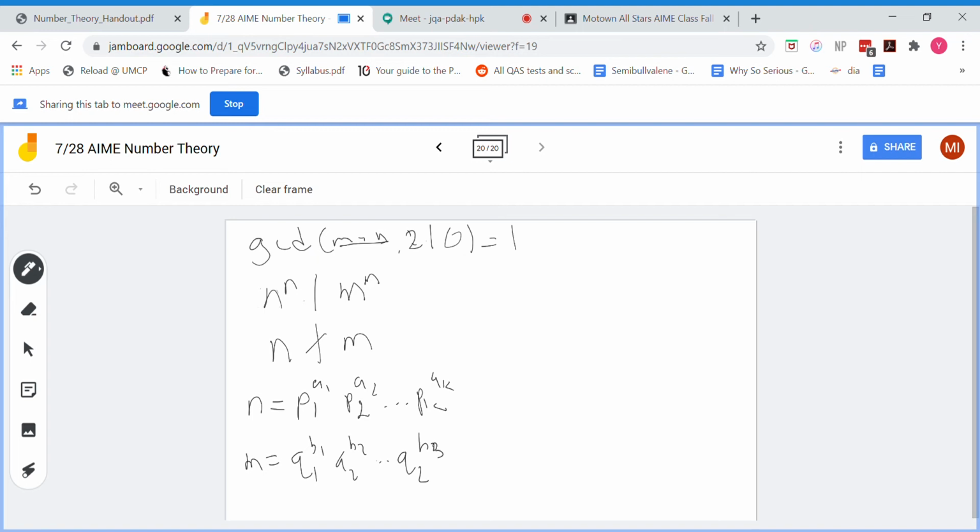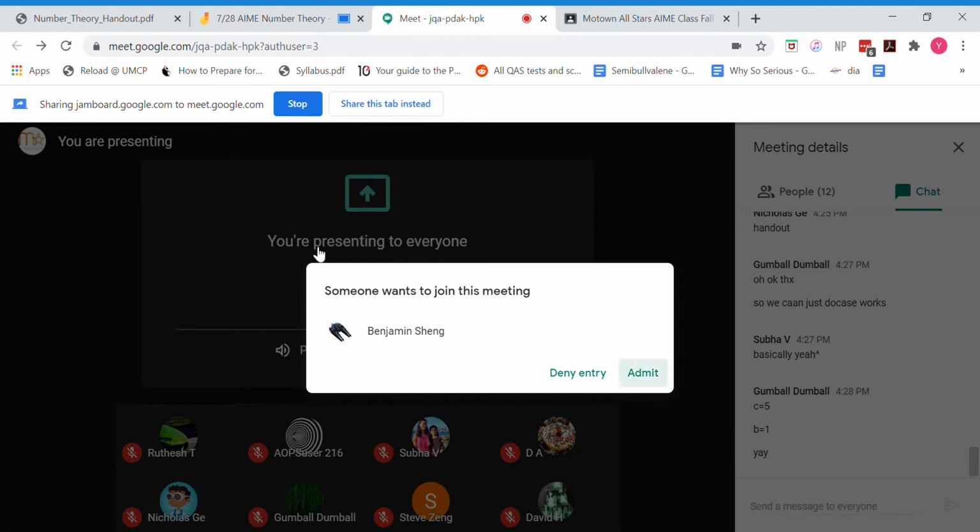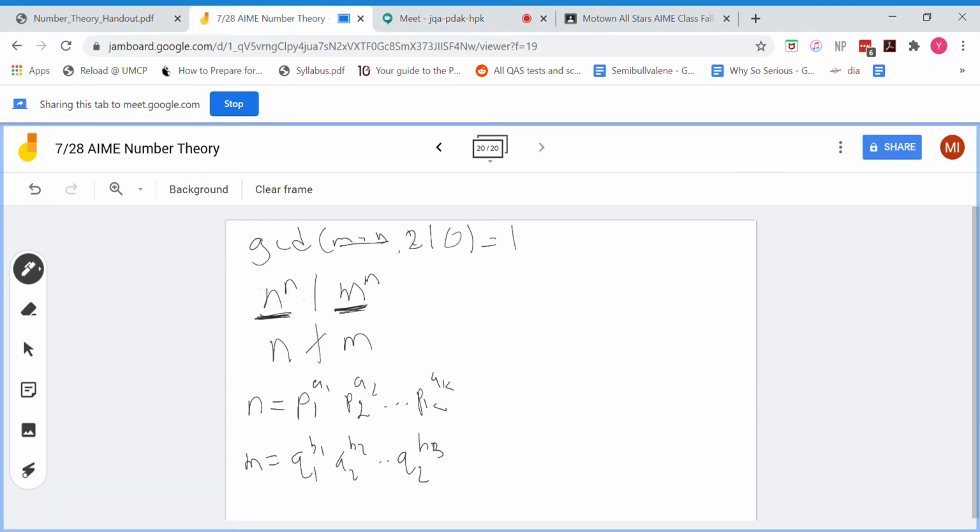Okay. So if n to the power of n divides m to the power of m, that means every prime factor in m to the power of m must be a prime factor in n to the power of n. So any prime that divides this number must also divide this number.